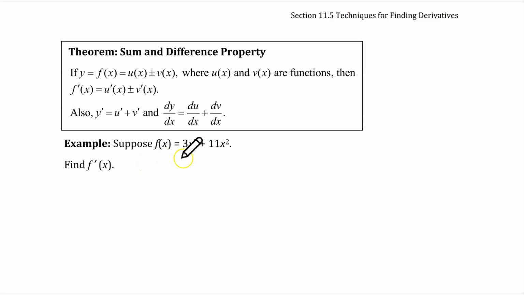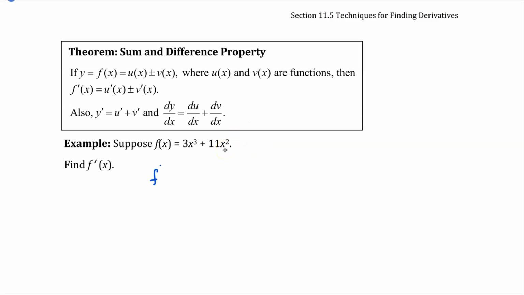Now let us apply that to the example here. To find the derivative of the function f of x, given that f of x is equal to 3x cubed plus 11x squared, we just have to differentiate each of the functions here.